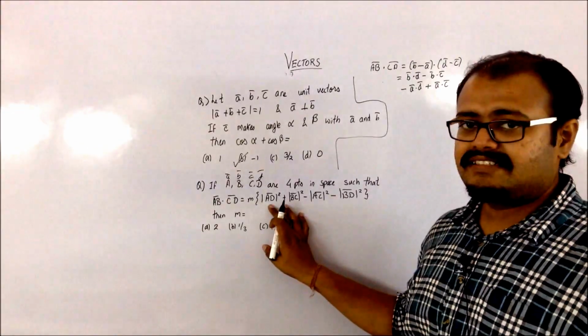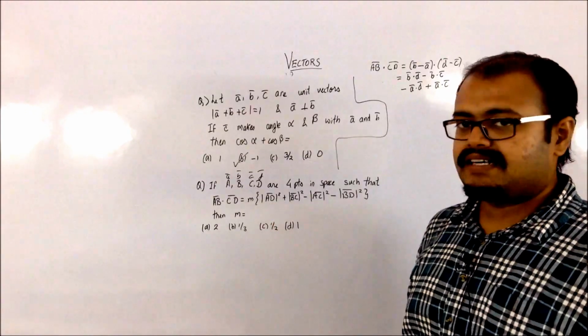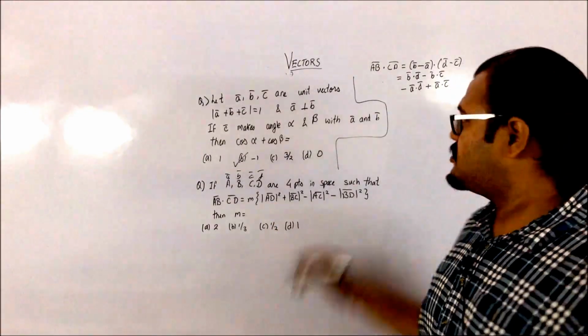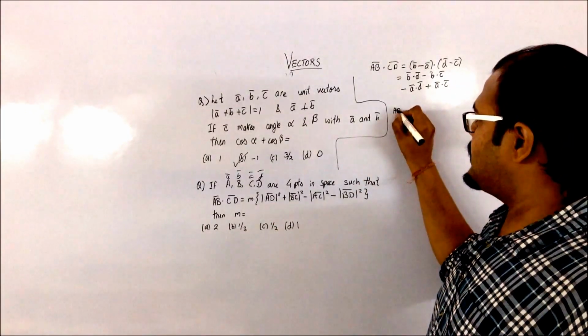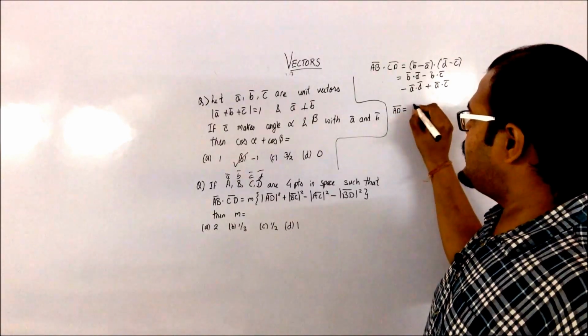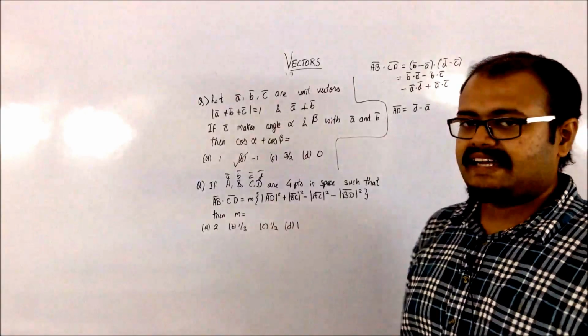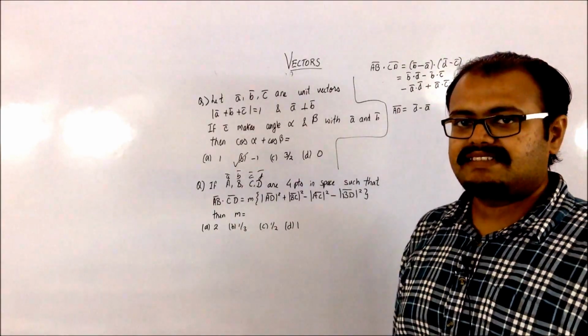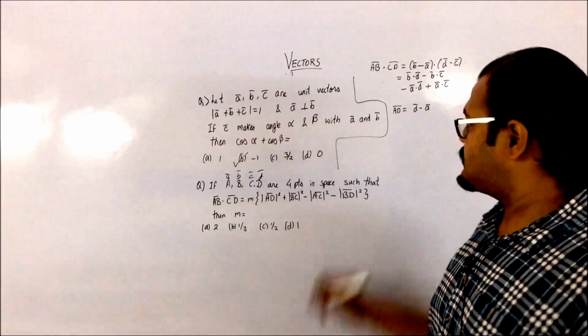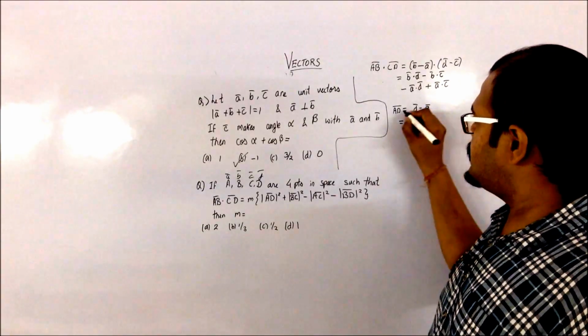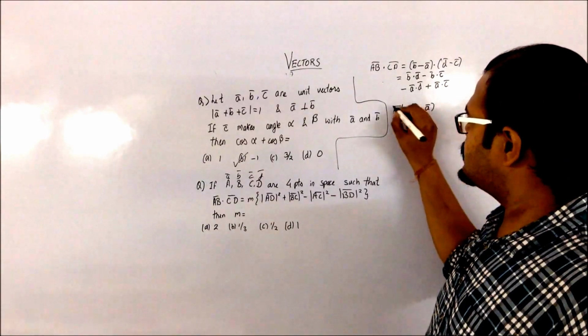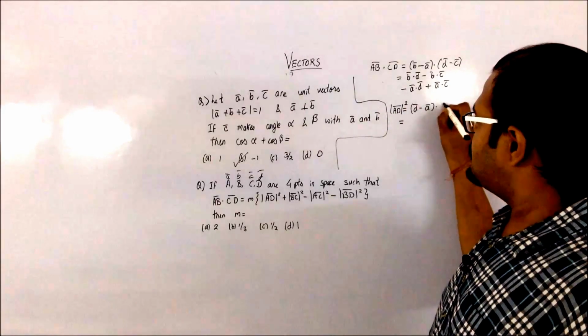So let us consider the first term, that is my AD bar. AD bar will have the value D bar minus A bar. So if I am taking the magnitude square of it, it's basically the dot product of them. So it's going to be the dot product of this with itself.